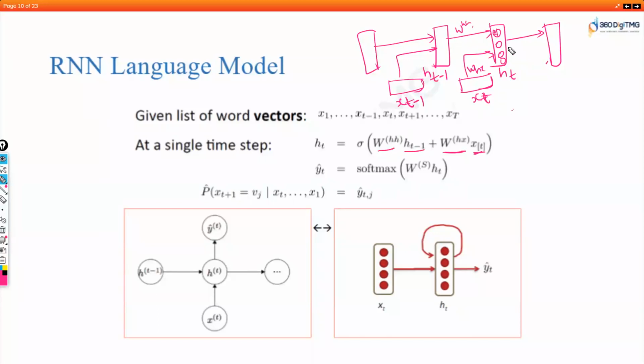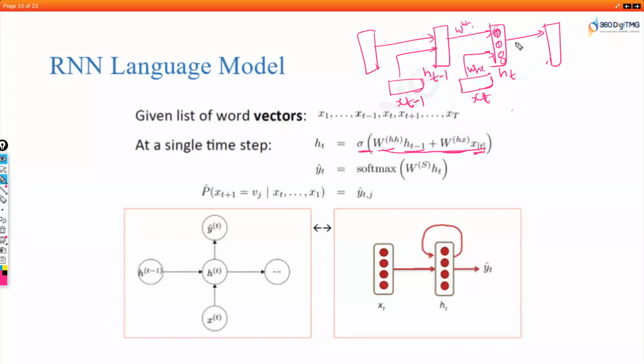Both get multiplied. When you add these two, they get integrated because both are going into every neuron, and every neuron has integration. So it gets integrated. Then you pass that on to the activation function.